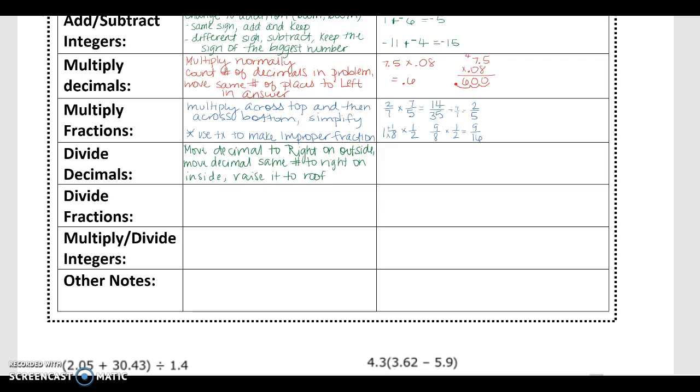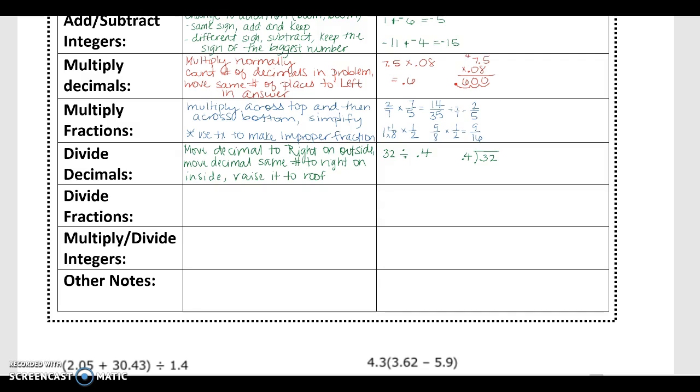Okay, so for example, let's say we have 32 divided by 0.4. Okay, so always the first number goes on the inside, so first in, last out, or top in, bottom out, either way, divided by 0.4.